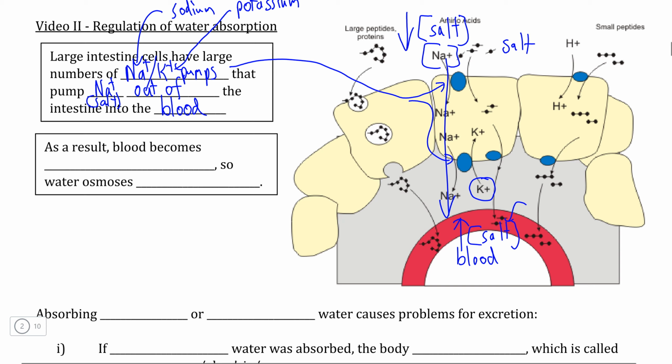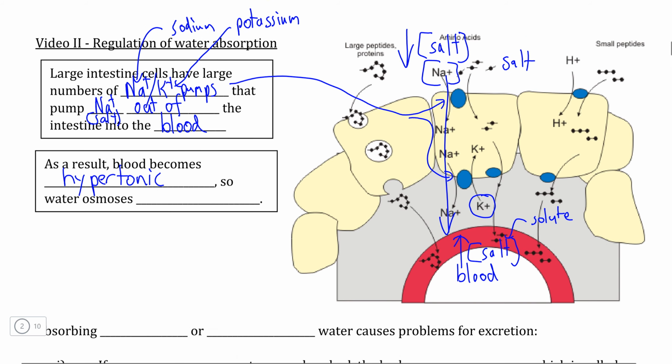Now, because salt is a solute rather than a solvent, this process is going to be making your blood hypertonic. If we remember what tonicity has to do with this, when we decrease the concentration of salt, we are increasing the percent of the liquid in our large intestine that is water, meaning that this is effectively the high percent water side.